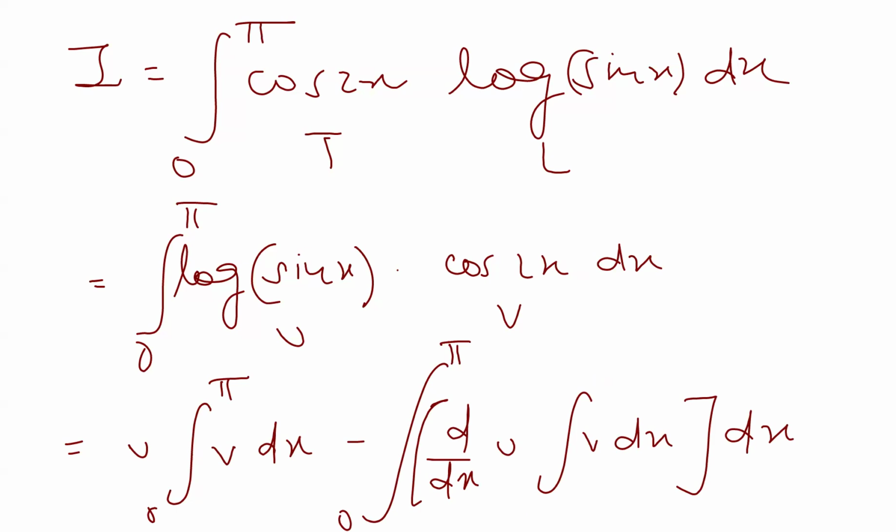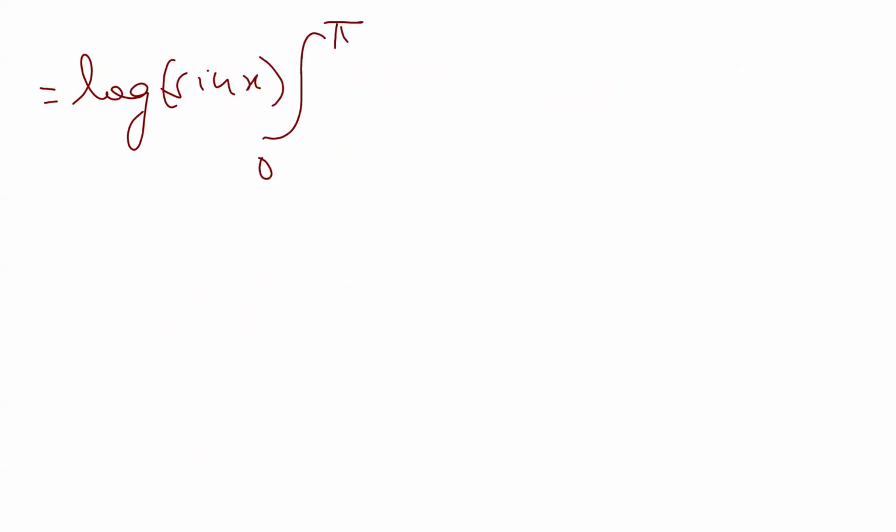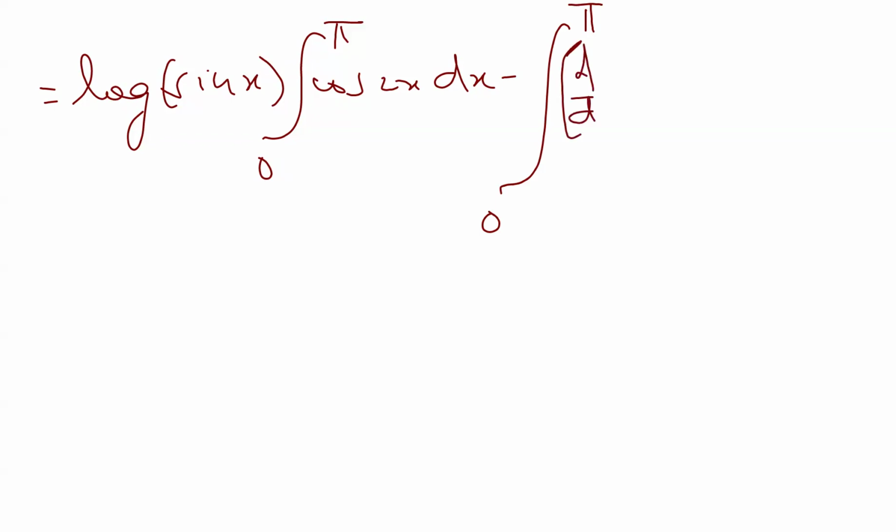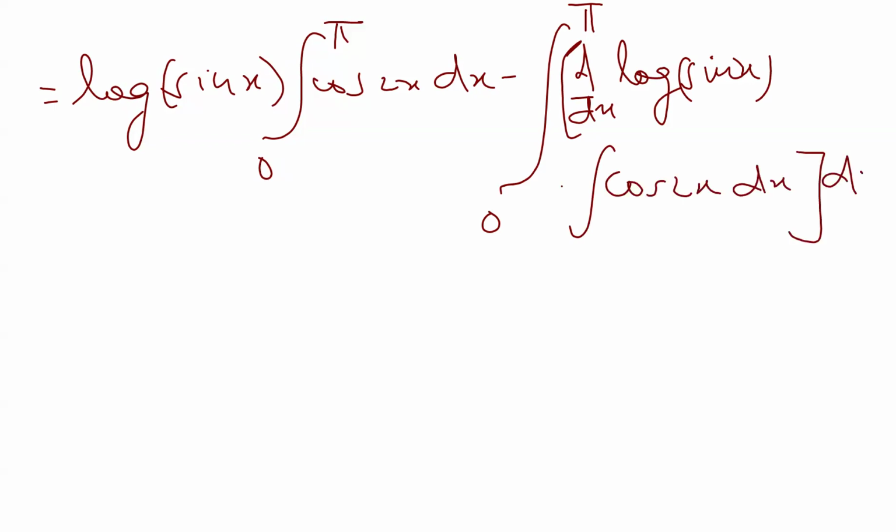So u is log sin x, integration of cos 2x dx, bigger integral dy dx of log sin x, into integral of cos 2x dx, bracket close dx.